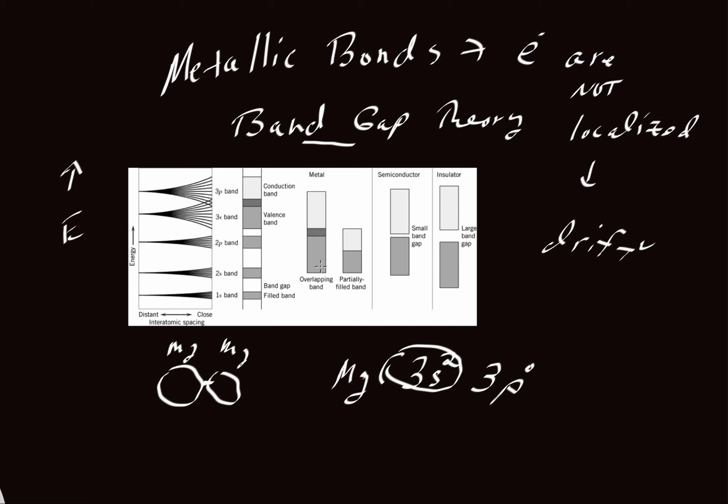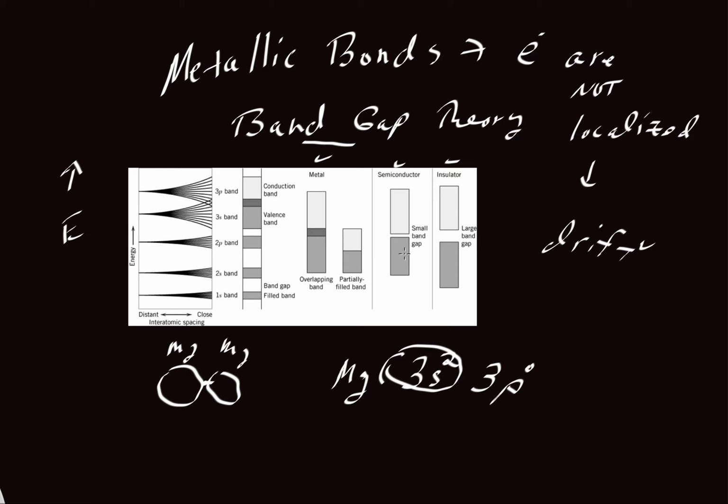Now, in the rest of this diagram, they're comparing the characteristics of metals, semiconductors and insulators. With a metal, you have an overlapping band, and so it's easy for electrons to go from one orbital to another. For a semiconductor, you might have a small band gap.